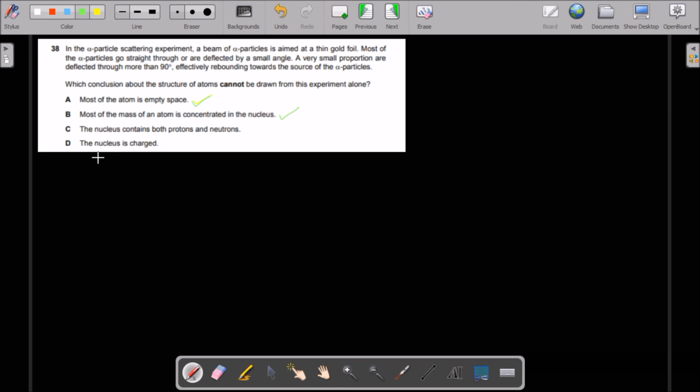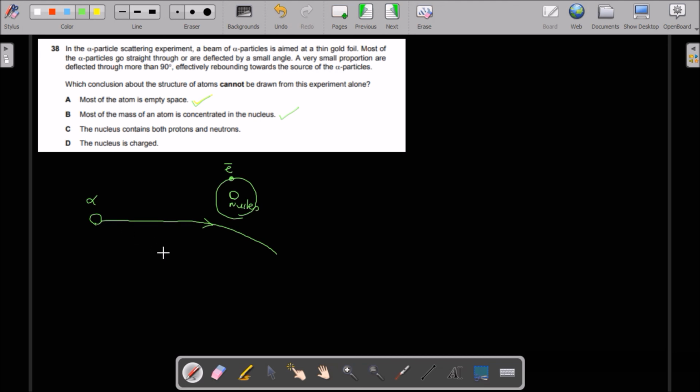And for D, it was about electrons and the nucleus. We know that if an alpha particle is shot towards a gold atom, this is the path of the particle in one of the results.